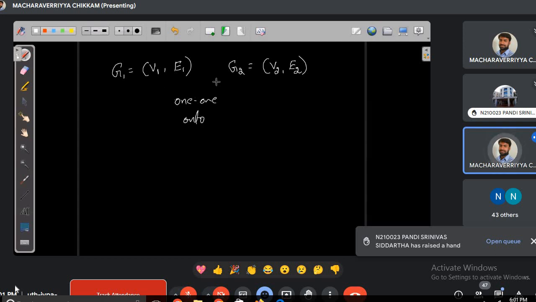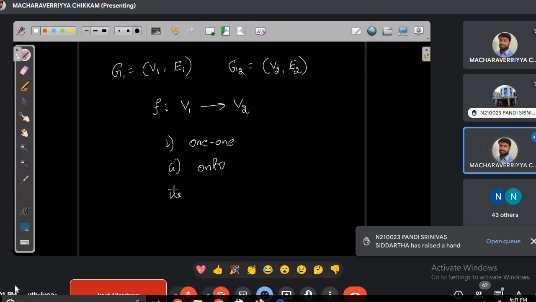A one-to-one and onto function from the vertex set V1 to the vertex set V2 is possible if and only if both have the same cardinality. We would like to define a function so that this function is 1-1, and the second thing is we want that function to be onto.